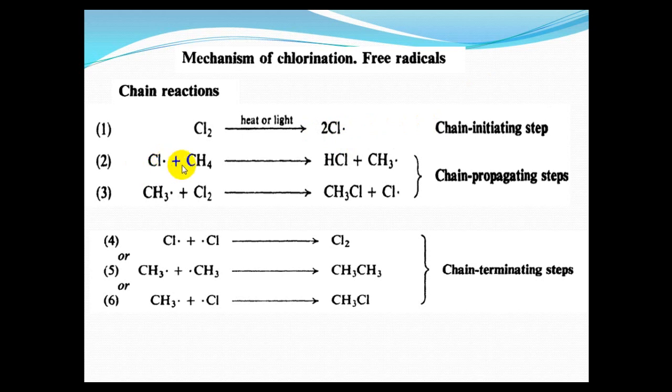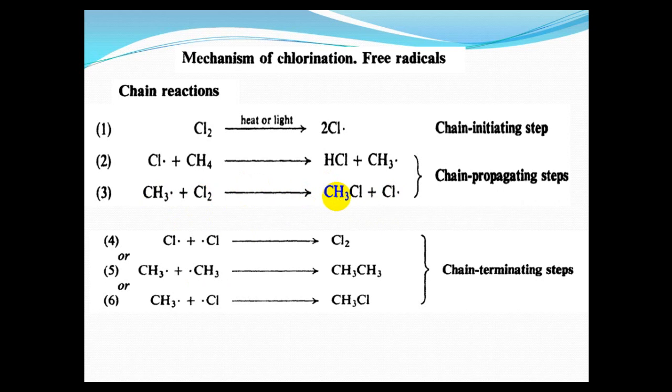This free radical will attack a methane molecule in order to produce a new free radical, the methyl group. And in the third step, the methyl free radical can react with a chlorine molecule in order to produce a free radical of chlorine and a chloromethane molecule.